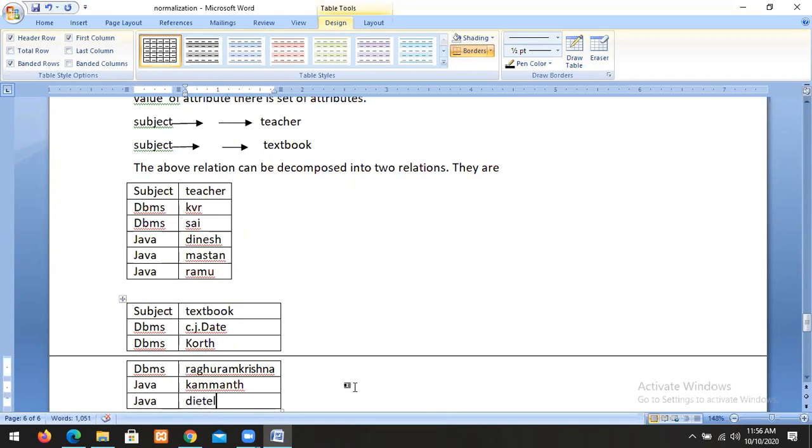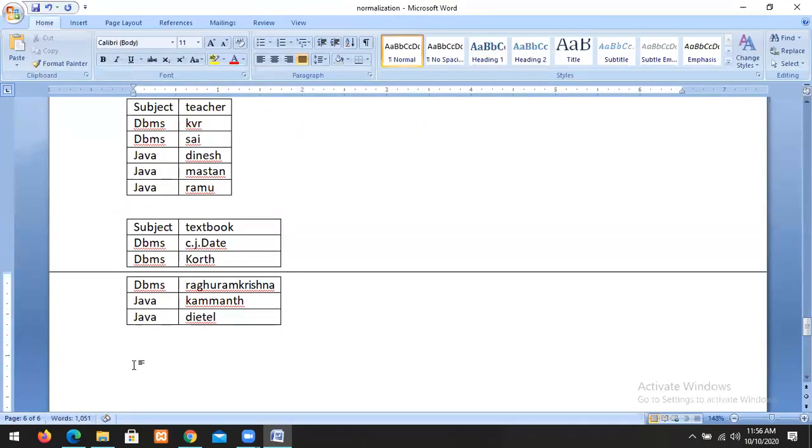So like this, we can divide. The above relation is in fourth normal form because it has no three attributes. To have a multi-value dependency, the relation must have at least three attributes. Here the relation has two attributes.